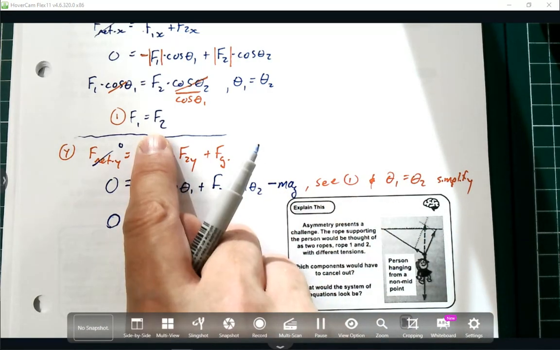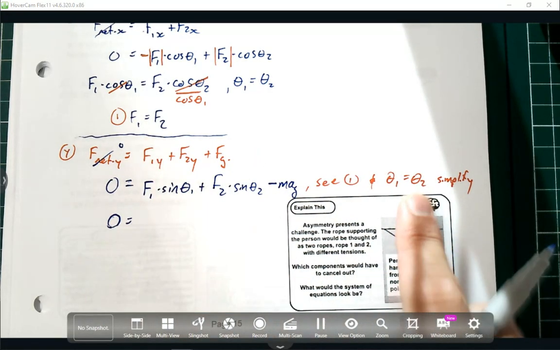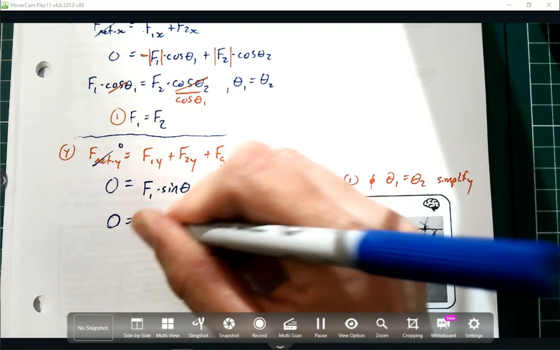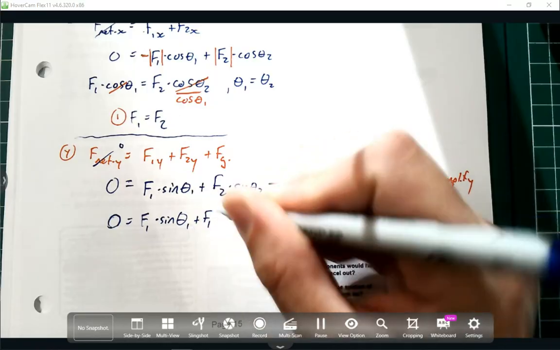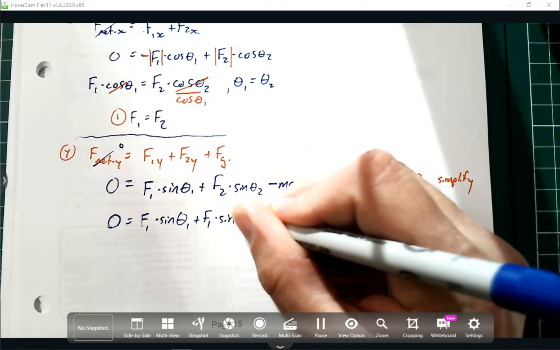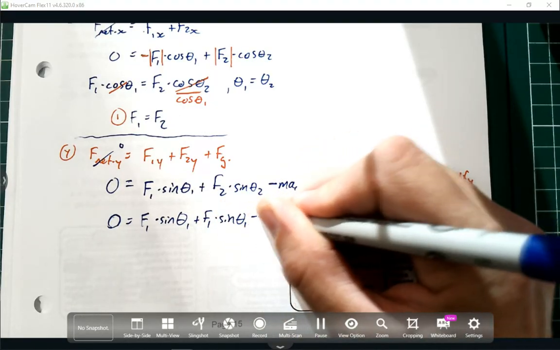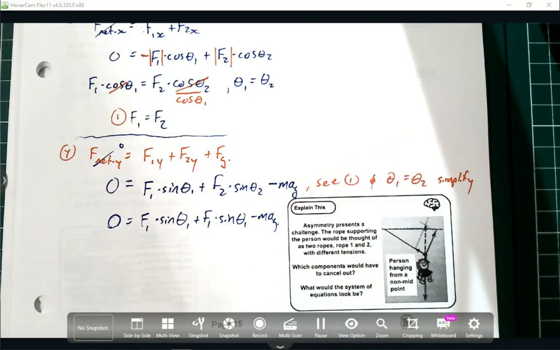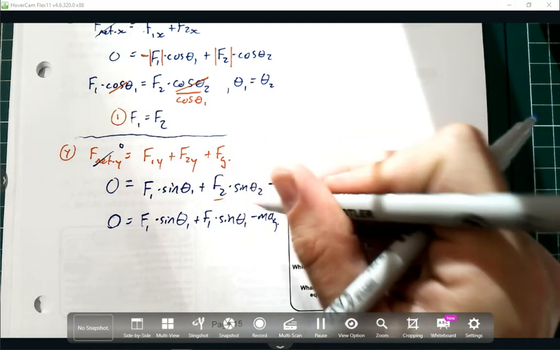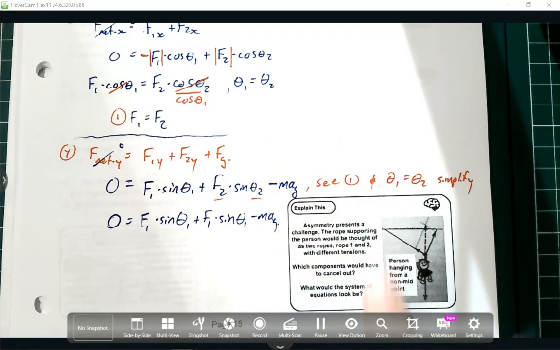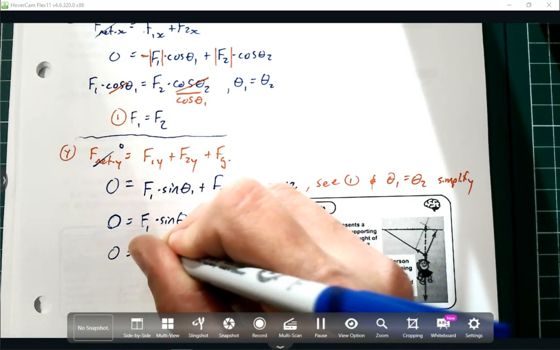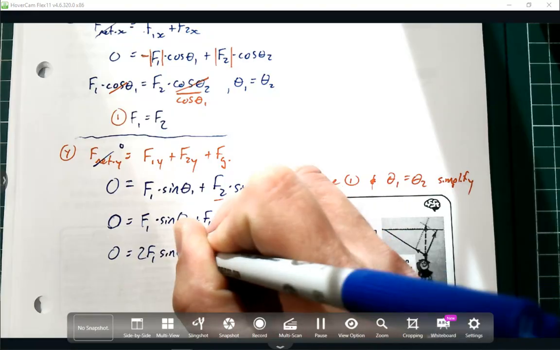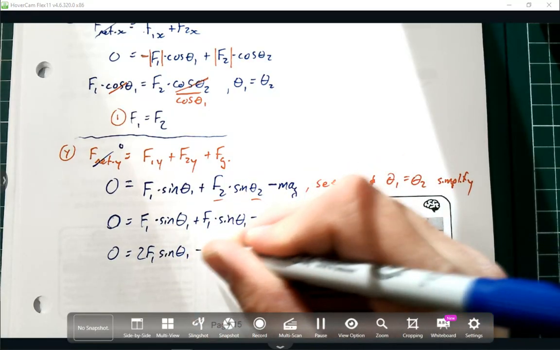If the F1s are the same, that's what equation 1 says, and the thetas are the same, I could just write this as F1 sine theta 1 plus F1 sine theta 1 minus mg, because I'm acknowledging that those 2s can be replaced with 1s because of this statement right here. And then I can say 0 is equal to 2F1 sine theta 1 minus mg.